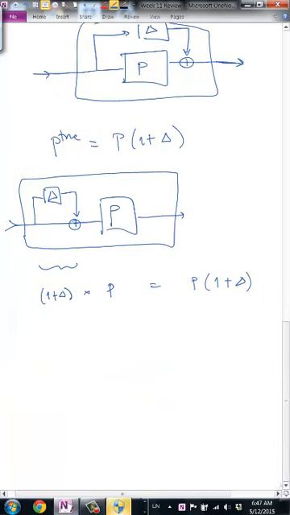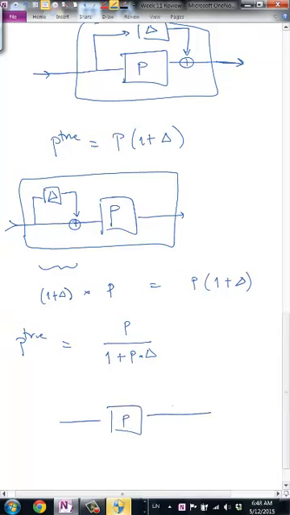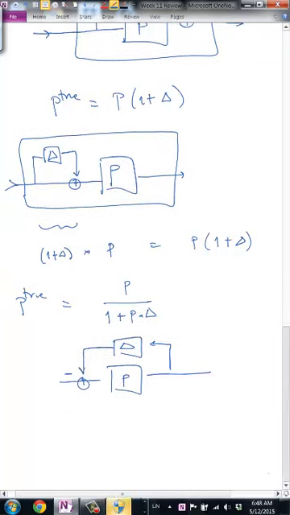And there's many other things that we can model, as we've seen in class. So for example, if P true were equal to P over 1 plus P times delta, then we would model this with a feedback loop. And we need a minus sign here.